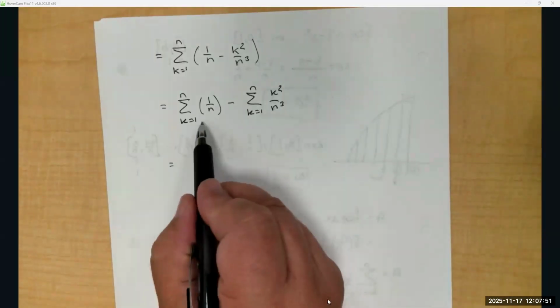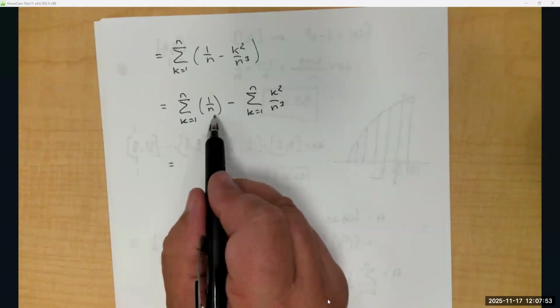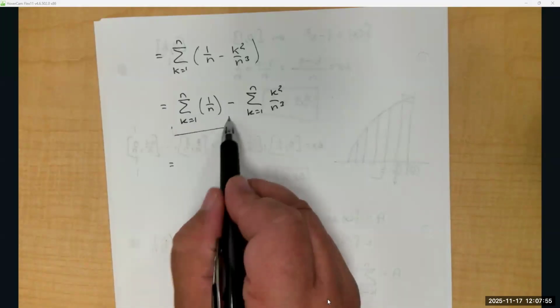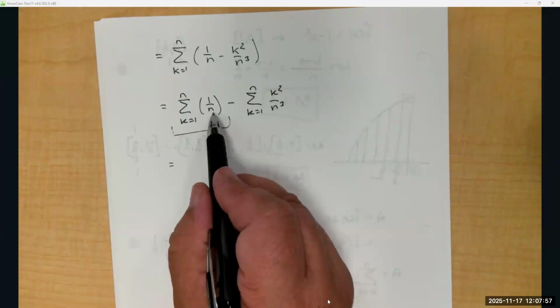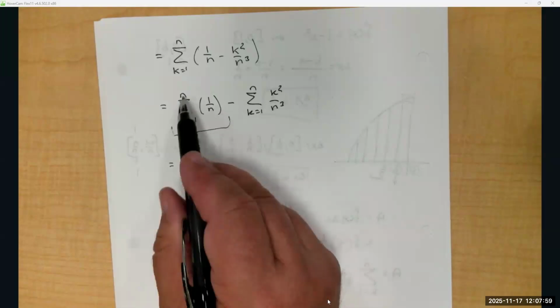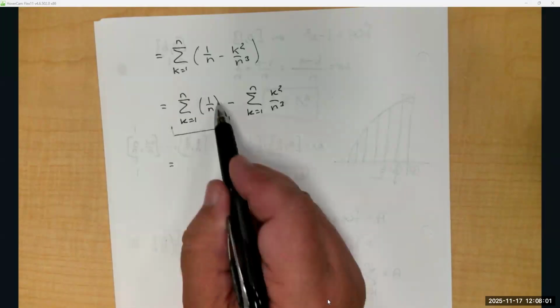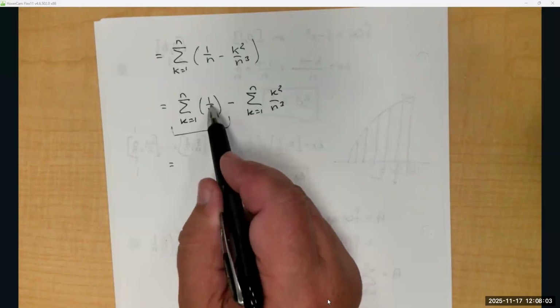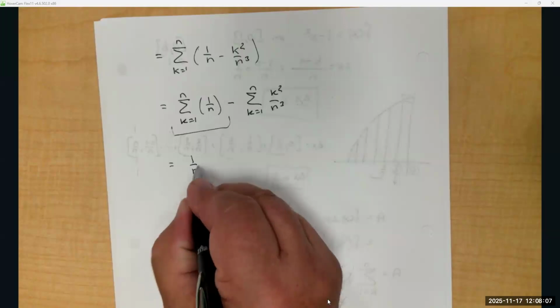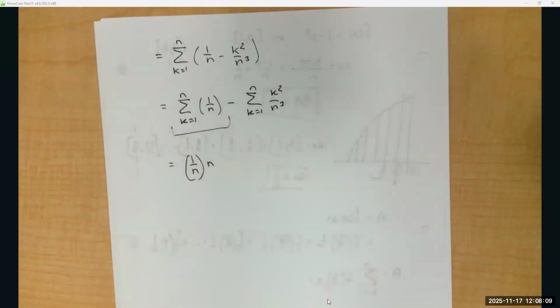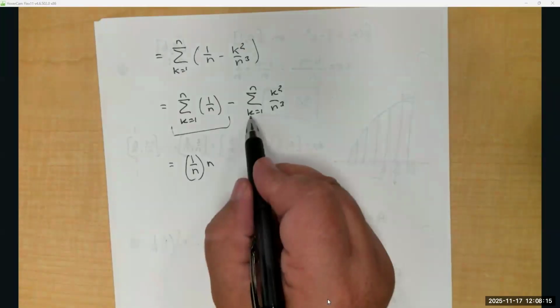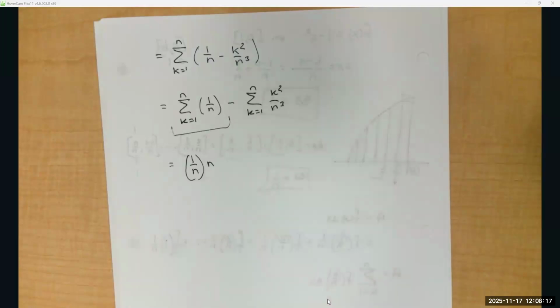Remember, the first one doesn't have any k values in it. So how do I simplify this one? Because once we define what n is, this is just a constant term, right? So it's 1 over n times n, since it's a constant value. The only variable we have that changes is k.